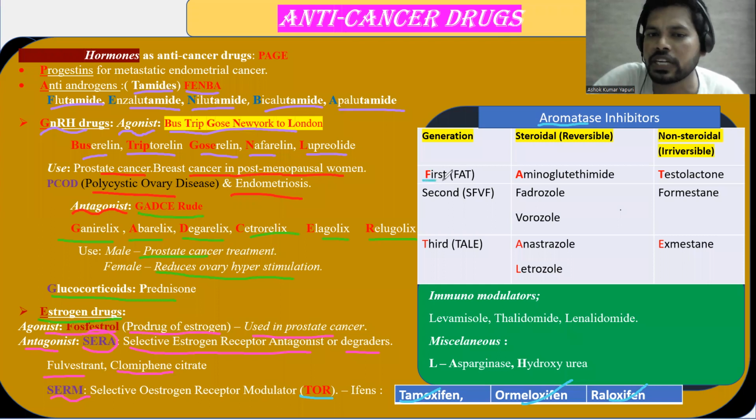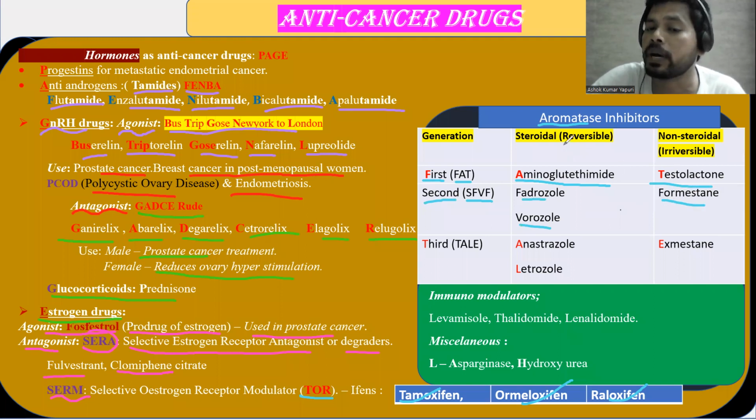Here are 3 generations of aromatase inhibitors. The first generation has the mnemonic FAT: F means first, A means aminoglutethimide, which is a reversible steroidal aromatase inhibitor, and T, testolactone, a steroidal irreversible aromatase inhibitor. Second generation is SFBF: S means second, F means fadrozole, V means vorozole, again F means formestane.